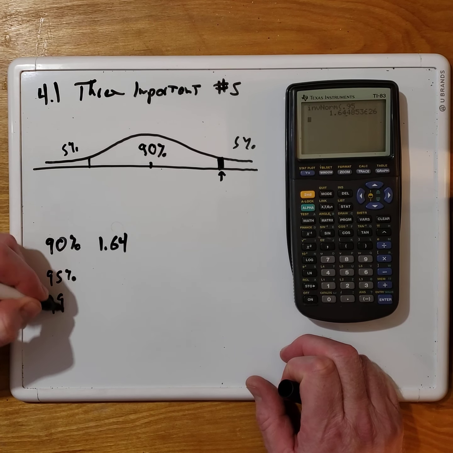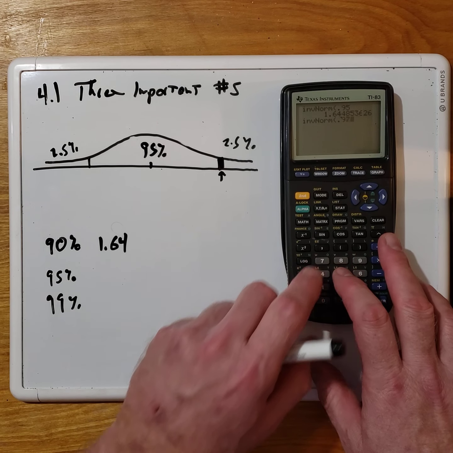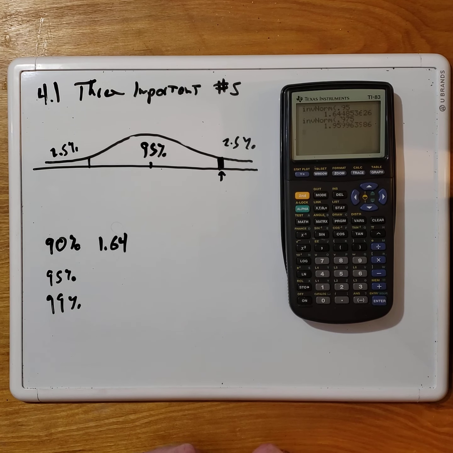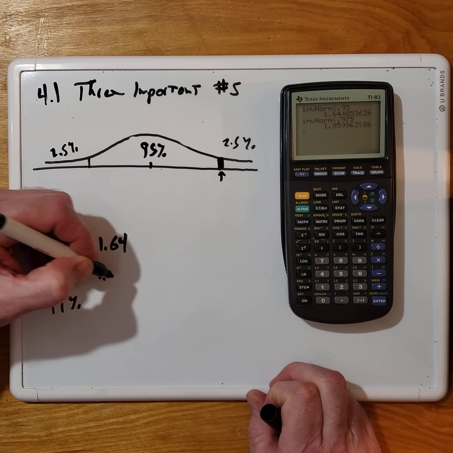If we need to capture the middle 95%, that means we're leaving 5% outside, so 2.5 at the bottom and 2.5 at the top, which makes this the 97.5%, or the 97.5 percentile. So we go back to our distribution, inverse norm, 0.975, and it gives us 1.96.